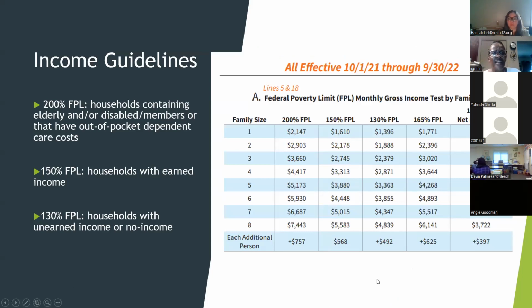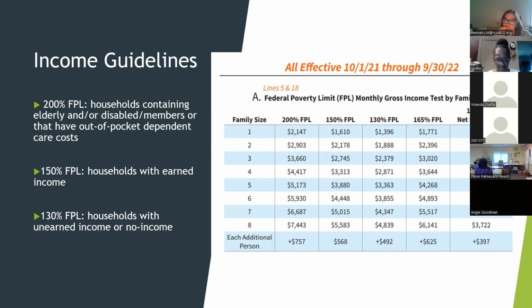These are the income guidelines to obtain SNAP, and they are effective October 1st, 2021 through September 30th, 2022. So the 200% are for households that have elderly or disabled members. 150% is if there's at least one person in the household working. 130% would be for folks who have unearned income or no income.